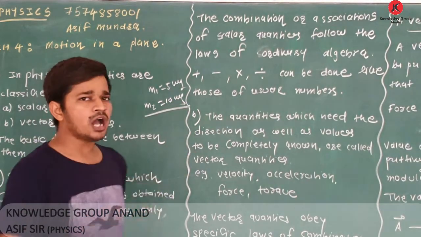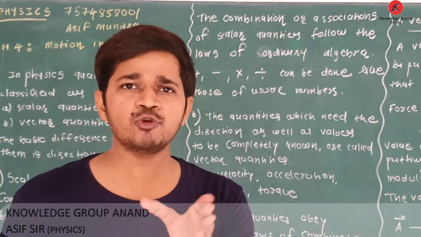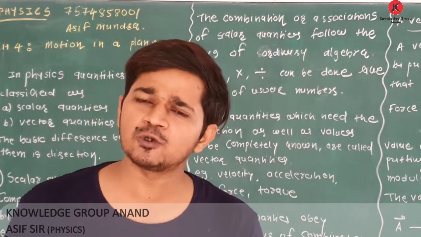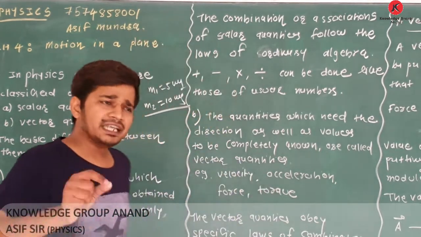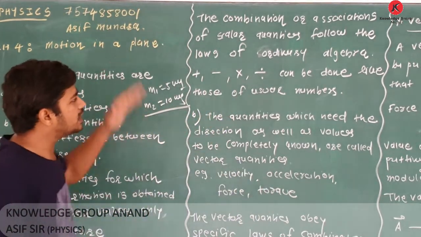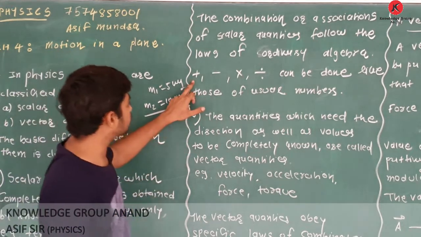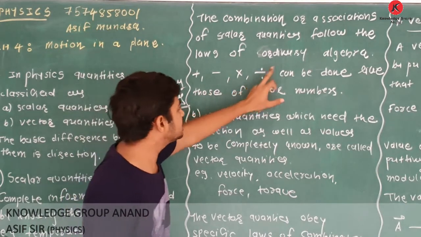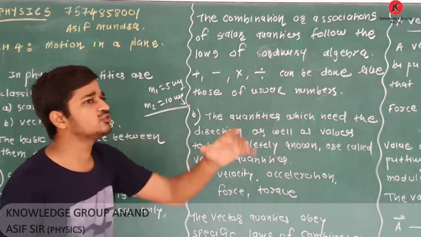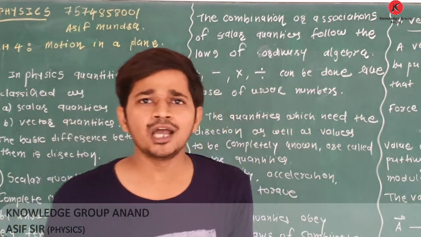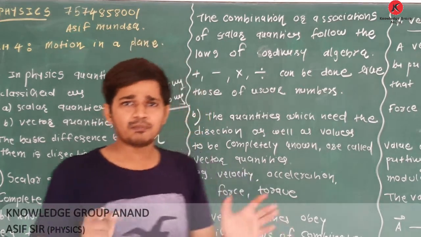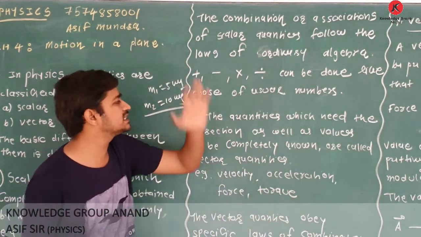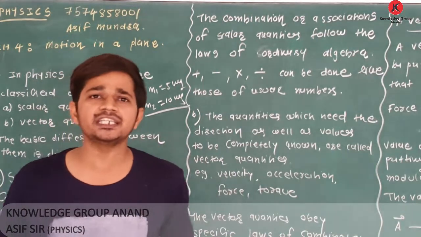You know how to add these two masses: m1 plus m2 is equal to 5 plus 10, which is 15 kg. So in case of scalar quantities, addition, subtraction, multiplication and division can be done like those of usual numbers.